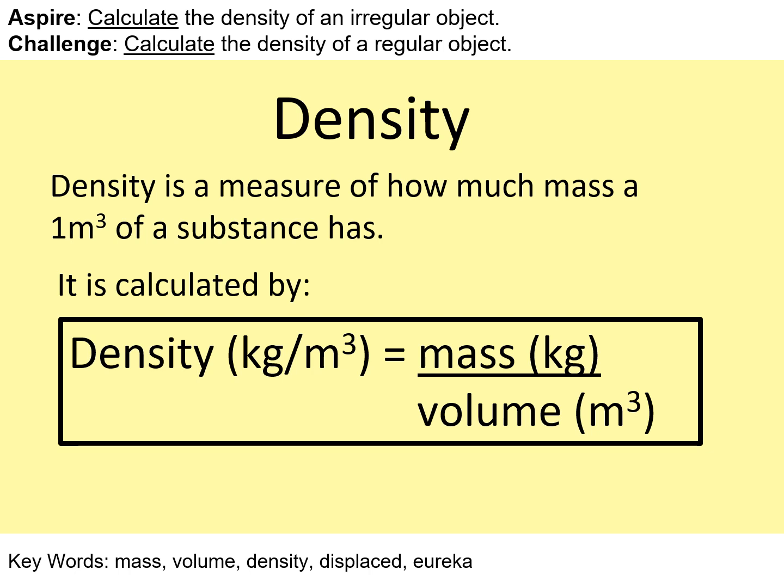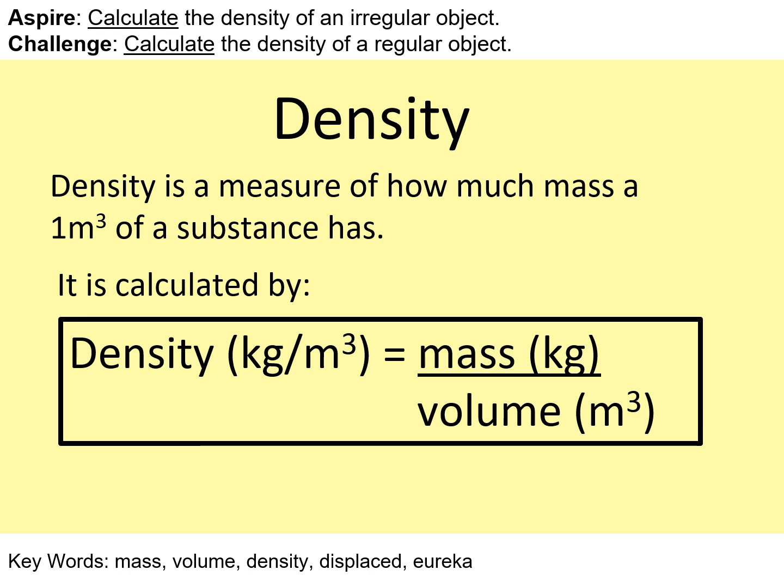And it's calculated by this equation. Now in the GCSEs, you have to remember this equation. So it's density equals mass divided by volume. Now, if you are ever given the units for density, which is kilograms per meters cubed, that will help you with remembering the equation.